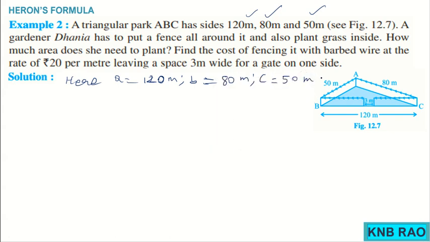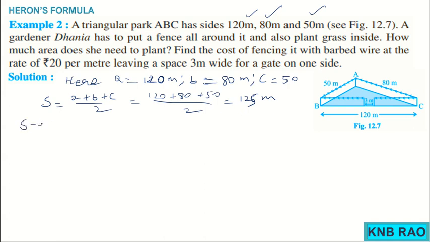So now I will find the semi perimeter, that is a plus b plus c by 2, which is 120 plus 80 plus 50 by 2, where 120 plus 80 is 200, 200 plus 50 is 250, 250 by 2 is 125 meter.